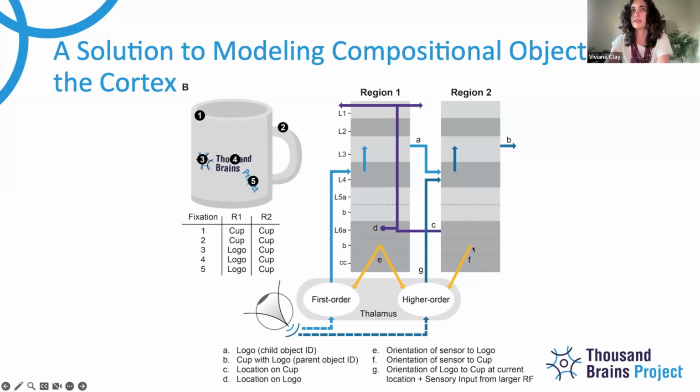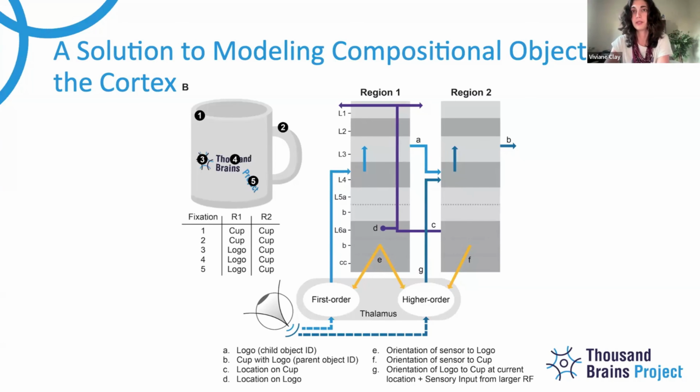Region 2, layer 6B, represents the orientation of the sensor to the cup. If we combine these two orientations, we get the orientation of the logo relative to the cup at the current location. And that's also the input to layer 4 of region 2, and can get associated with a specific location on the cup model.